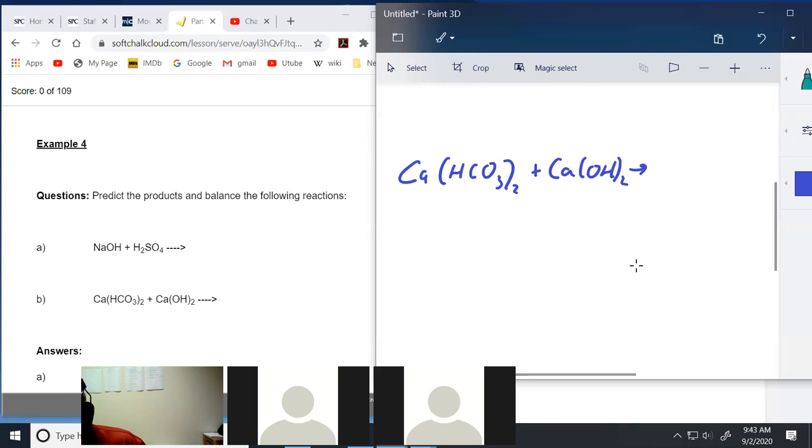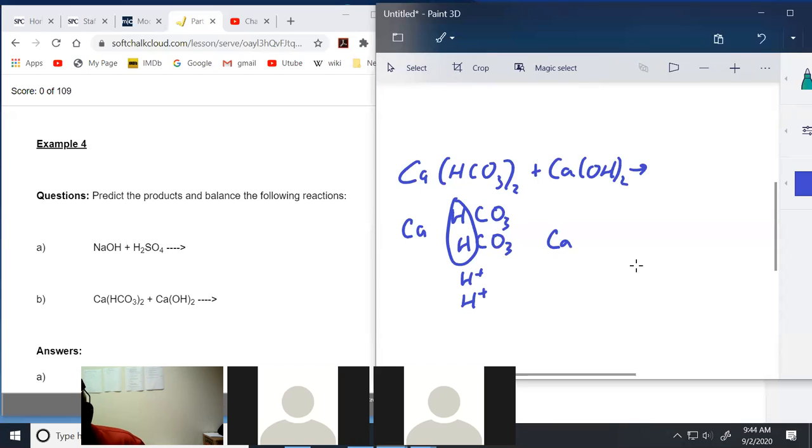All right, so let's look at what this looks like as pictures here. Now we need a CaHCO3 twice. Now the H's here are actually H pluses.